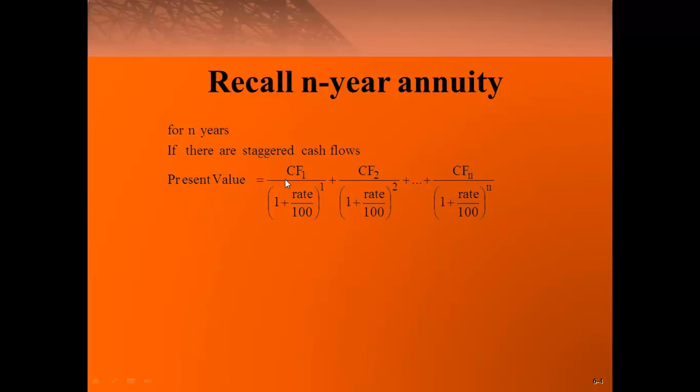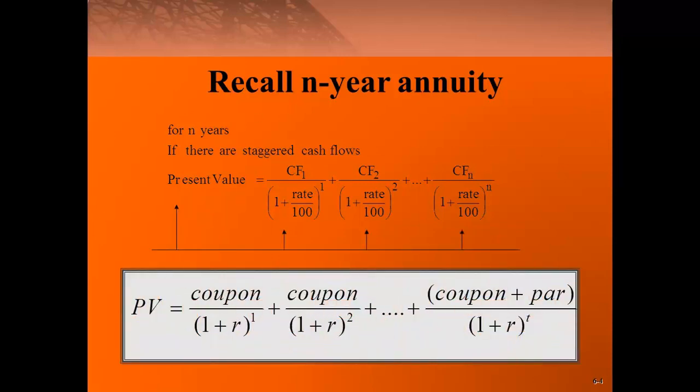So the person who is holding the bond will receive these n coupons or cash flows every year from 1 through n. And the present value, therefore, is essentially the price of the bond.